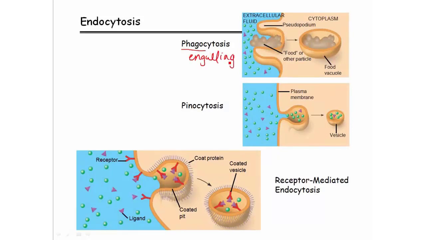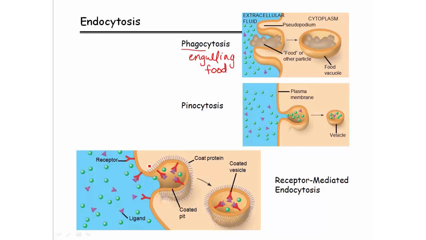This is what an amoeba does. In this case, you actually have some projections, which are called pseudopodia, which reach out and around a food particle. When they do this, that basically pinches the vesicle off to the inside of the cell, and we have a food vacuole, which we could then fuse with a lysosome or something similar. So phagocytosis, we're actually reaching out and around something.